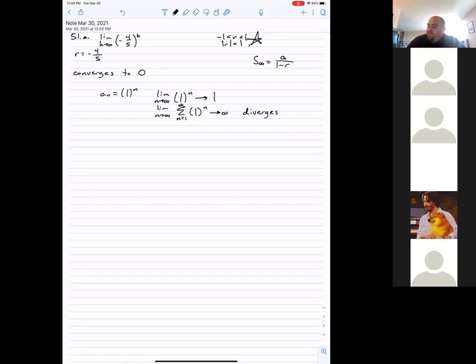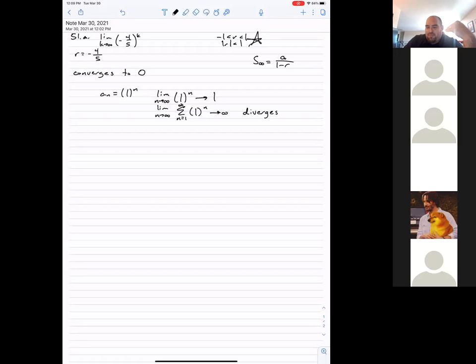Absolutely. And that's called a contrapositive. I'm not going to get too much into the generalities of that, but you're absolutely right. So the divergence theorem says if your sequence does not converge to 0, the series associated with it diverges.